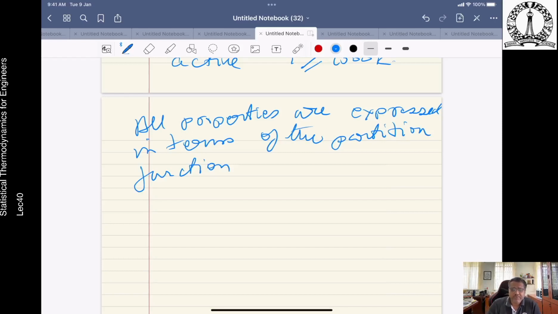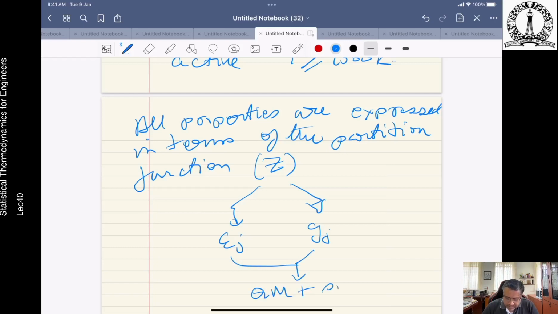So that is what we saw, right? And which is Z, which requires two pieces of information, EJ and GJ. Okay. So how do you get this data? These two pieces of information come from quantum mechanics plus spectroscopy. Right. This also we saw.